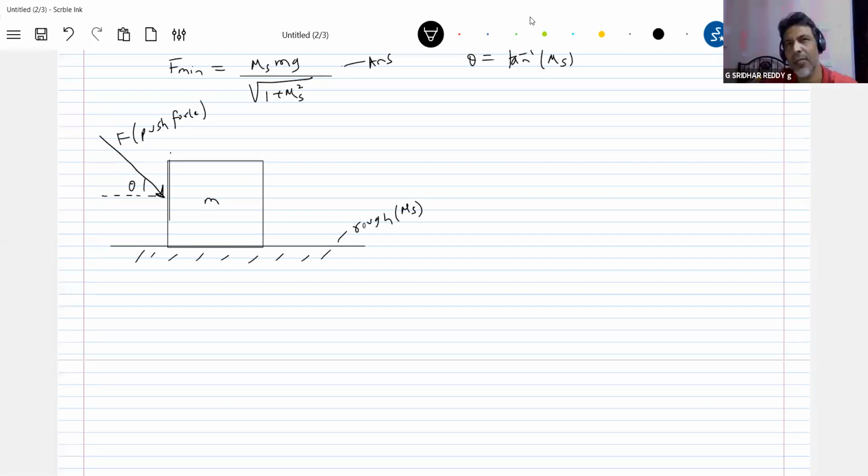So what is the maximum, or shall I call minimum here? Maximum, sir. What is the maximum push force that I can apply on the block to shift it? It is like this, so you have to calculate.